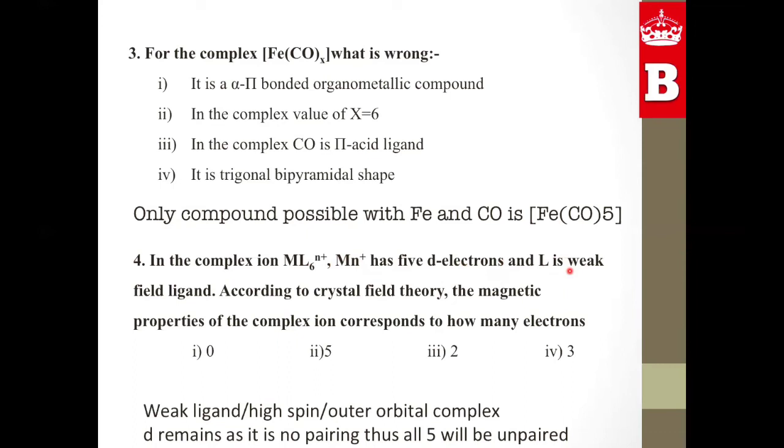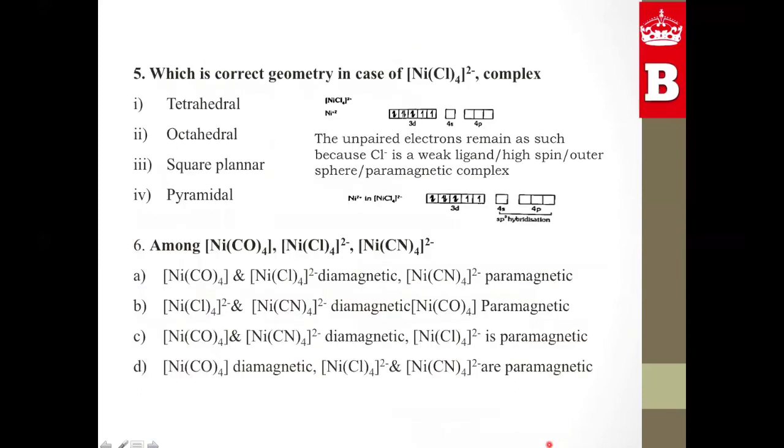So the 3d orbitals will not participate in the hybridization, and the 5 d electrons will remain unpaired as they are. So if it has 5 electrons, the magnetic property will depend on all 5 electrons which remain unpaired. Hence d remains as it is, no pairing, and thus 5 will be the unpaired electrons, and hence option 2 is correct.